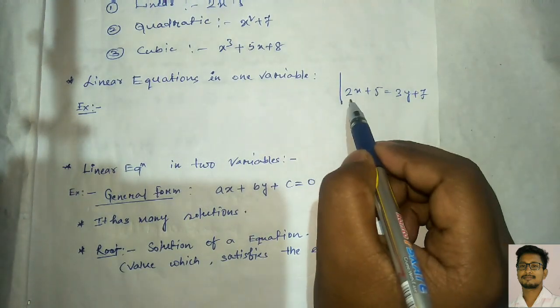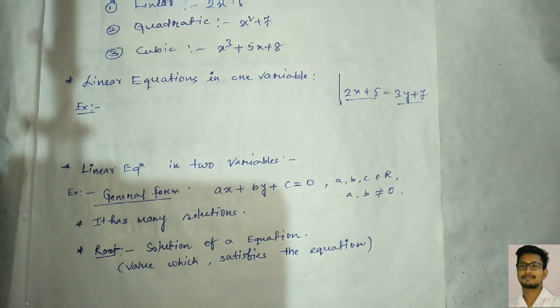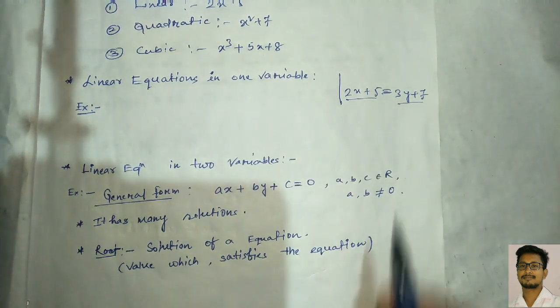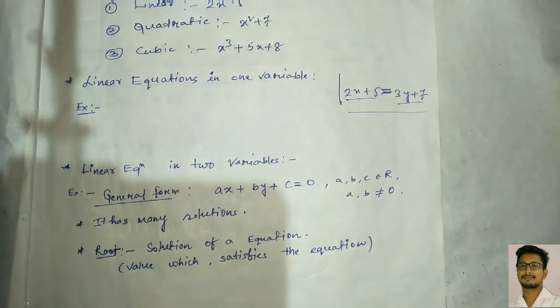You can see two algebraic expressions here, the left hand side and the right hand side, and between them we have one equal sign, that's why we say it is an equation.